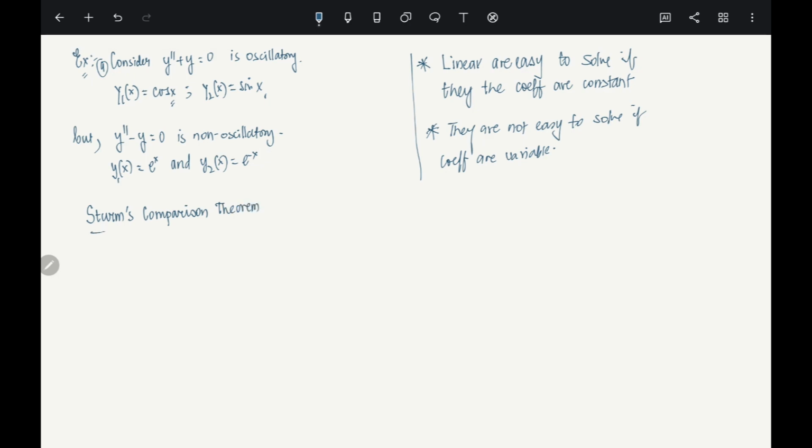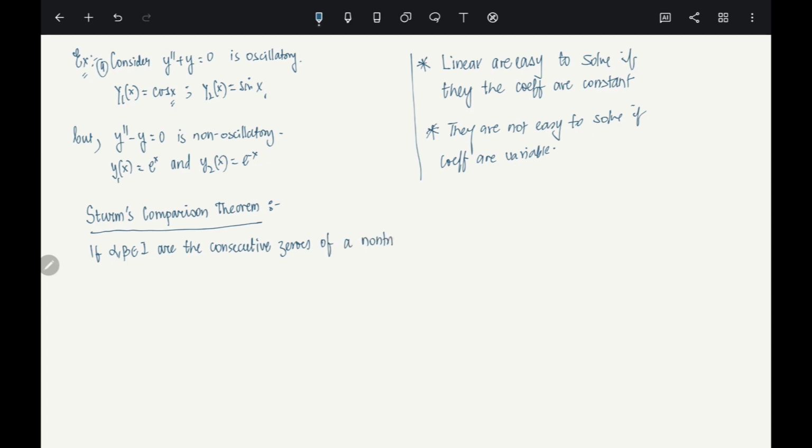Clear? So what does it do? It actually compares. Compares with what? We'll look at it now. So let's say alpha, beta in I, some interval I, I can be R also, are the consecutive zeros of a non-trivial solution y of x.